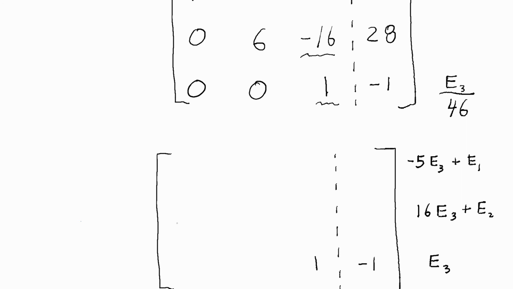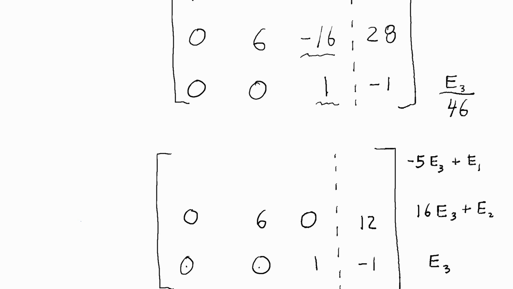Doing that, since there's already zeros in this spot and this spot, that leaves my 6 standing there. Then here I get a 0. And then here I would get a 12, because if I take minus 16 plus 28, that's 12.